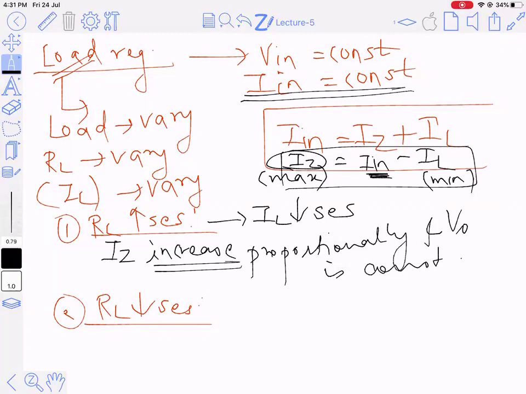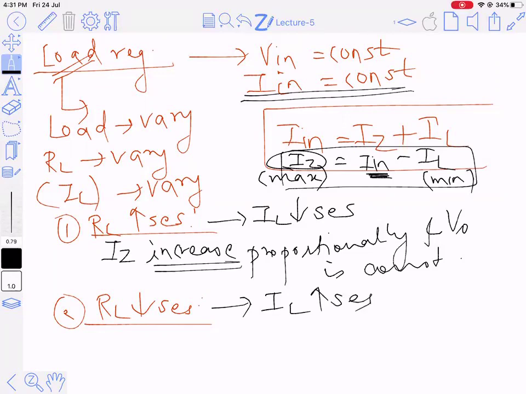What about the other case? In that case, it is the same. RL decreases, which means IL increases.